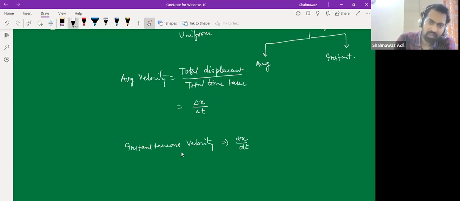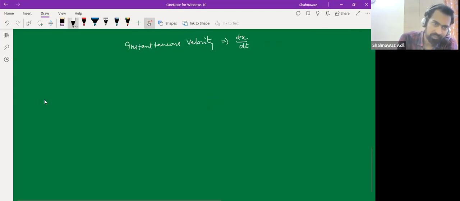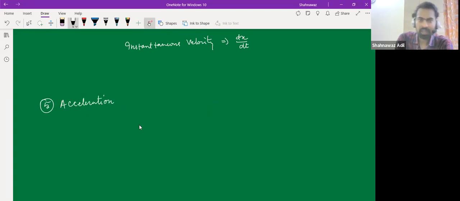So these were the cases of velocity, and then the last attribute, the fifth one, is acceleration. You already know that acceleration is the rate of change of velocity.